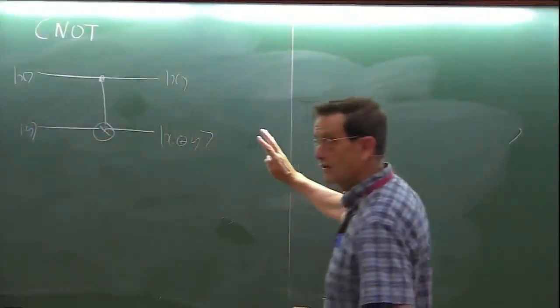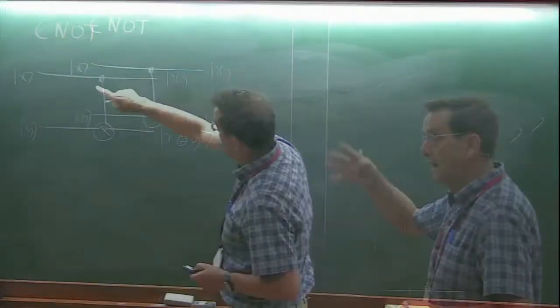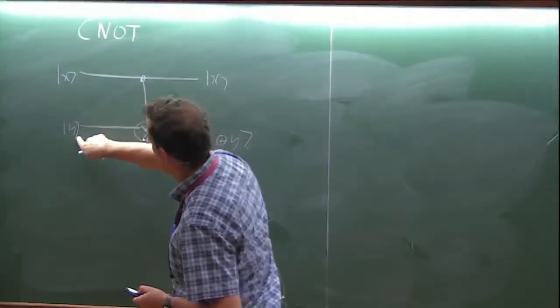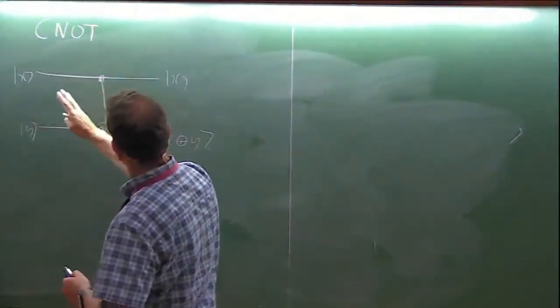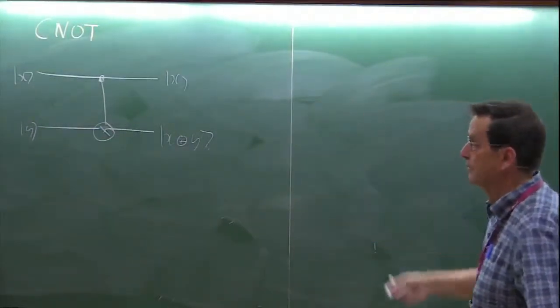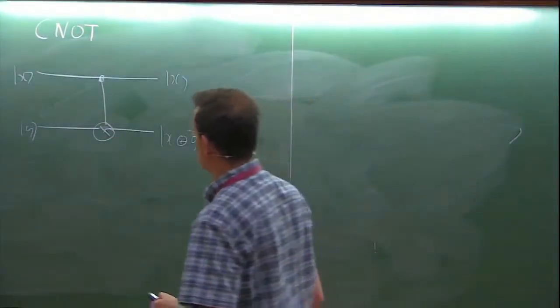These expressions are what you have for computational basis states put in on the left. And if you have linear combinations, then you have to figure out what you get on the right-hand side by superimposing all those linear combinations.